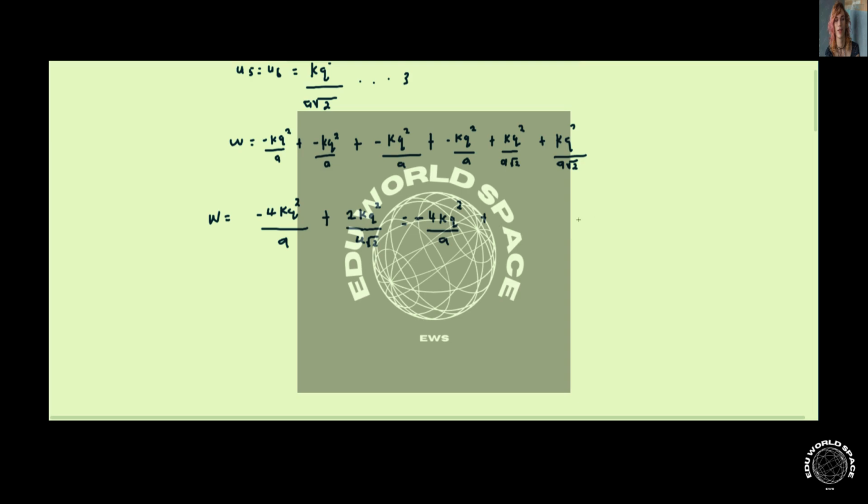On top, you have the square root of 2 K Q squared over A.